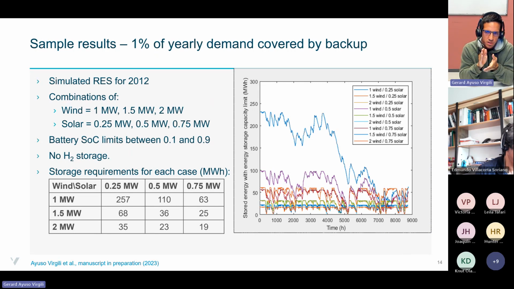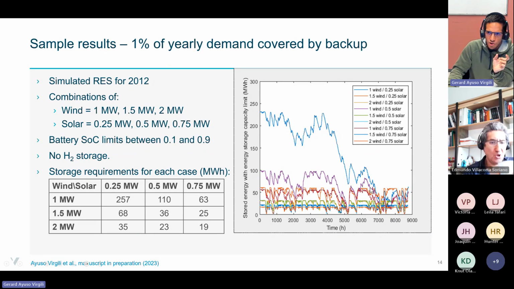If we use this biogas to cover some of the energy demand of the RAS at critical moments, then we can see how much the energy storage demand will fall. And I can go back and forth again so you can see the difference. This would be with this 1% year coverage of the energy demand. And it's mostly here. This is a period with very little wind and little solar energy, and that's the bottleneck of the system.